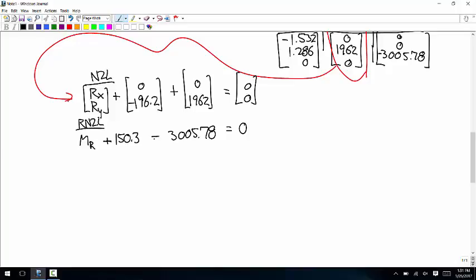And so now we can write this system of 3 equations, set it up to put into the reduced row echelon form. The first equation says Rx is equal to 0. The second equation says Ry is equal to, what's negative 1962 plus 196.2? Okay, so we already know all of that R vector.